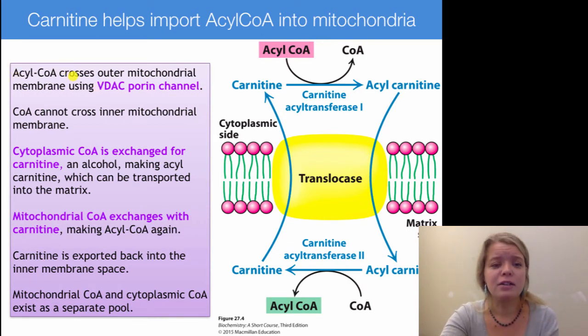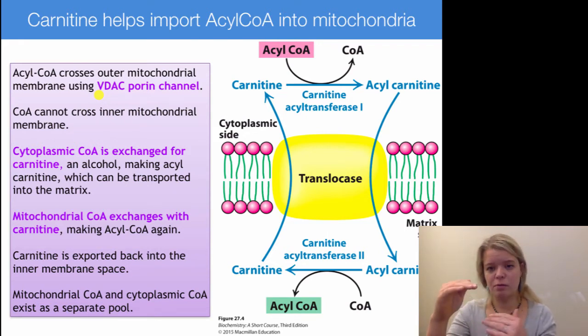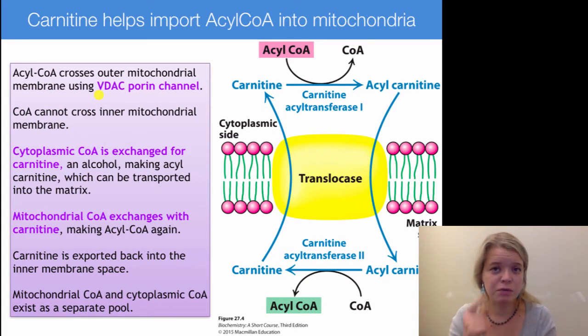So acyl-CoA gets through the outer mitochondrial membrane using the VDAC porin channel, but it can't cross at all into the inner mitochondrial membrane. There are no pores on the inner mitochondrial membrane because its big job is to separate protons from the mitochondrial matrix, creating proton motive force, as we will learn when we talk about the electron transport chain and ATP synthase.